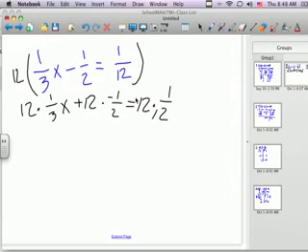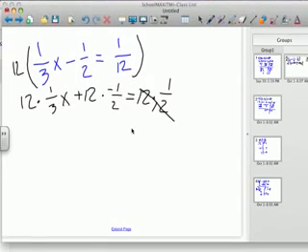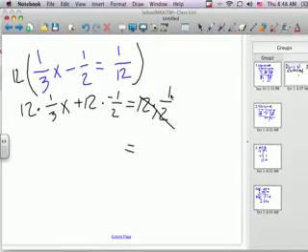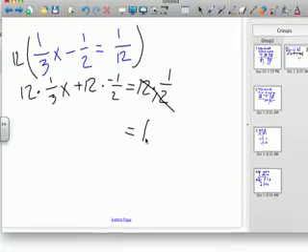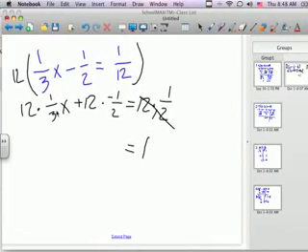The first thing I want to do is look through. If the whole number and the denominator match, you can go ahead and just cross them out. So these don't match, so I'm not going to worry about it. These don't match either. These do match, so I'll cross them out. And what am I left with? I'm left with 1, so I'm just going to write 1. See, that's easy.